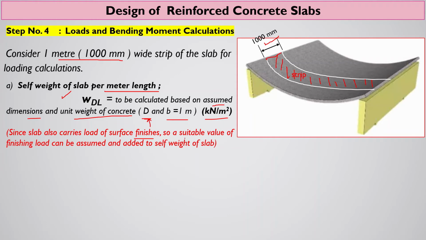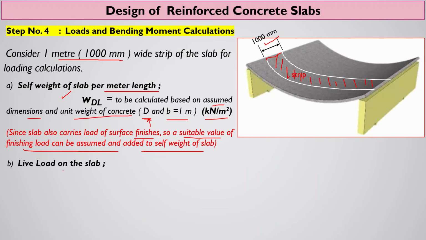So a suitable value of finishing load can be assumed, and that will also be added to the self weight of the slab. So the total dead load of the slab will be the self weight of the slab per meter length plus whatever the floor finishes load is.